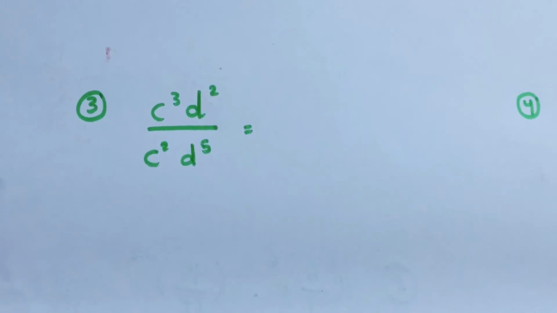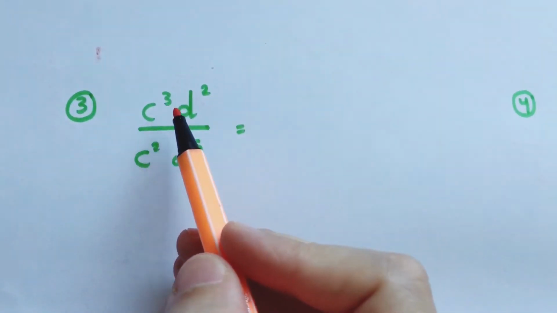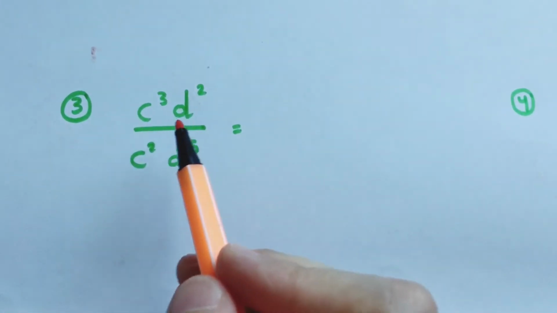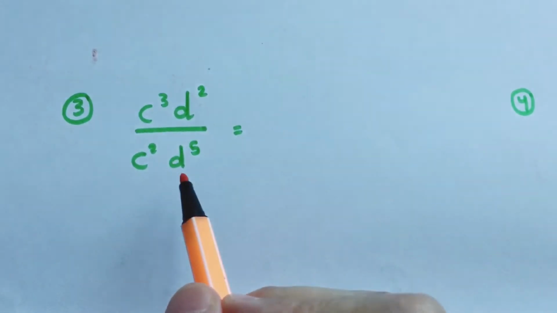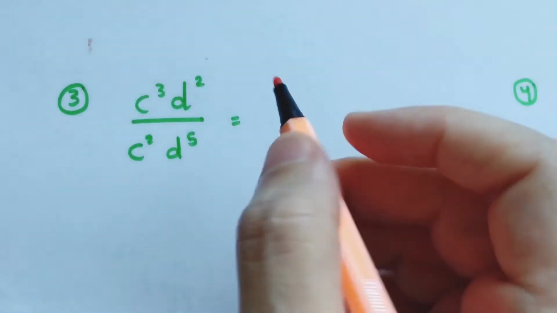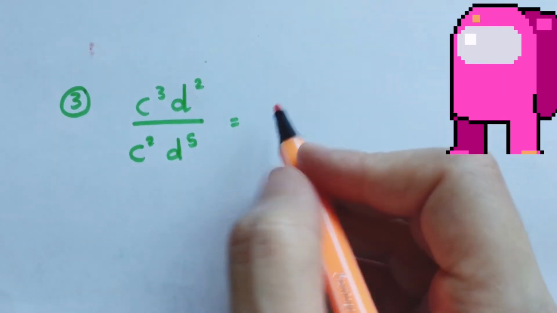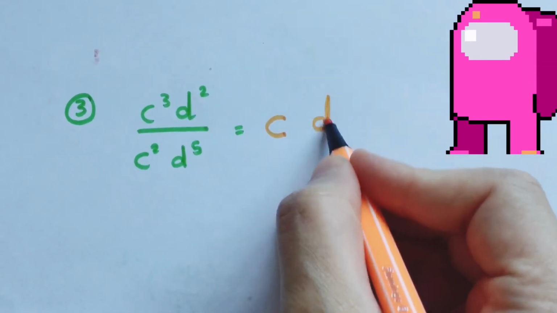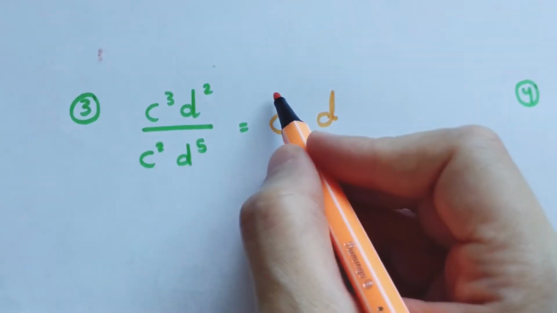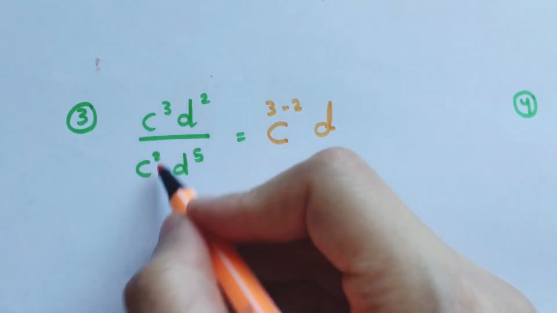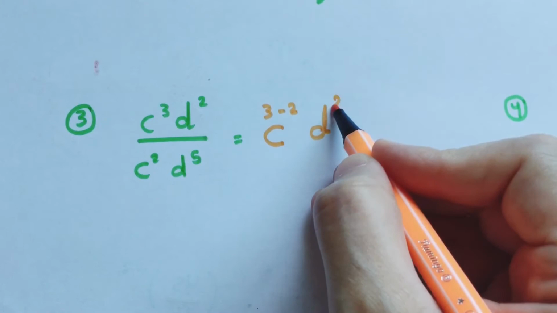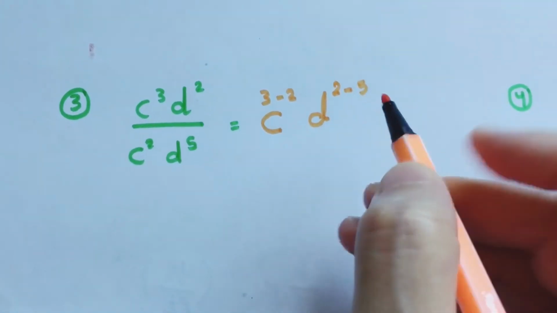Okay, let's see question 3. c to the power of 3, d to the power of 2, over c squared, and d to the power of 5. Now here we have c and c, we have d with d. So I'm going to write c and I'm going to write d. For c, it will be 3 minus 2, and for d, it will be d to the power of 2 minus 5.